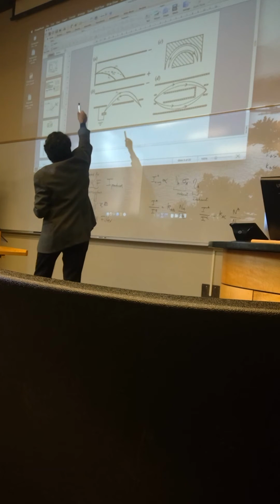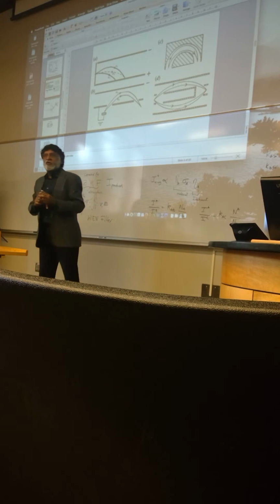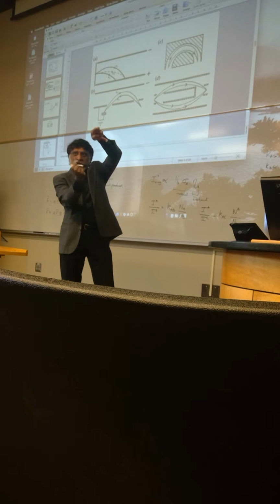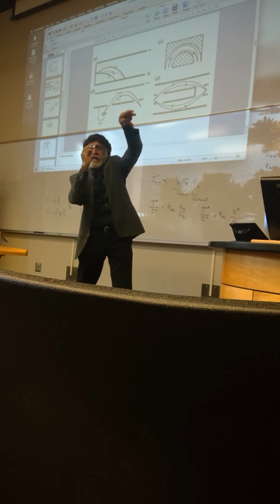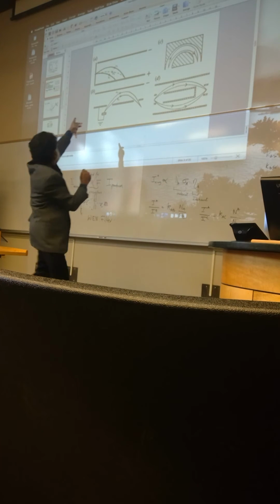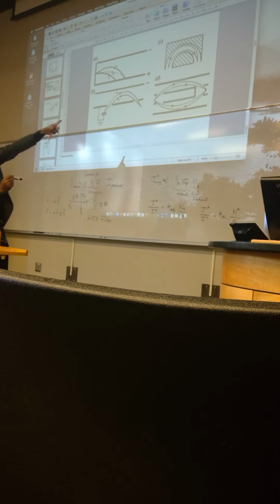So let's just look at A. What you're doing is you have a region of an electric field, and you are sending an electron into that electric field with a certain velocity. Because of the field direction, the electron will move downwards.